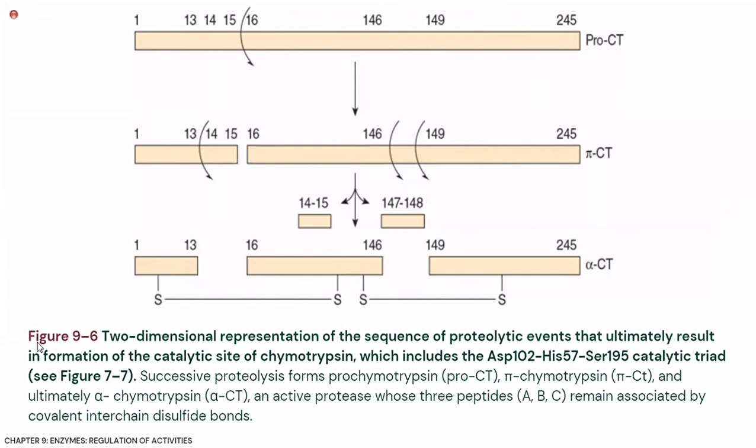So activation occurs inside the intestine, but not in the pancreas, because the pancreas has no protection from the activity of an active protease like chymotrypsin.